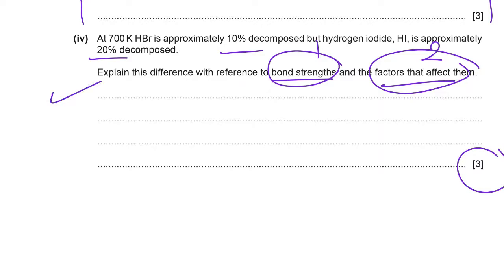Why do we have this difference in the bond energy between HBr and HI? Due to the reactivity of the bromine atom. Bromine atom is more reactive than iodine atom.